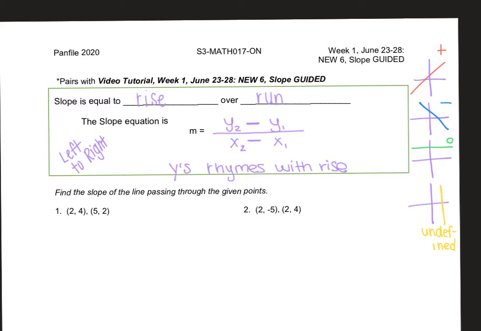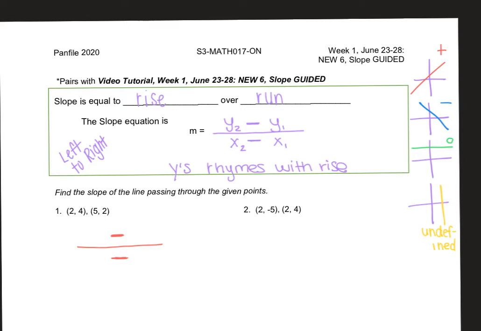So let's try a couple of slopes with the formula. When you do this, you are always going to start with a fraction bar and a subtraction sign on the top and the bottom. Again, creating a template for yourself so that you don't lose a subtraction sign and get the whole thing wrong just because you missed one.